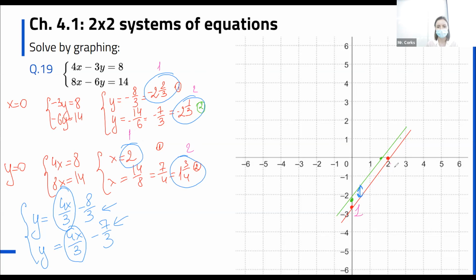Here the first one, and here the second one. So this system does not have a solution because the lines do not intersect. They are parallel to each other, which we can see from this slope-intercept form. What we found are the points that we use to draw a line.